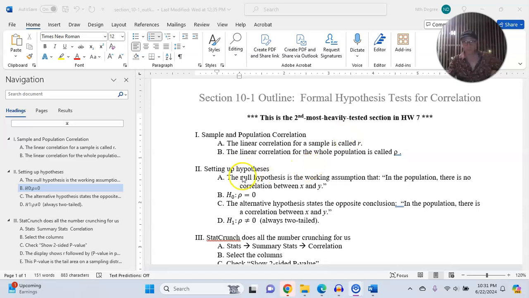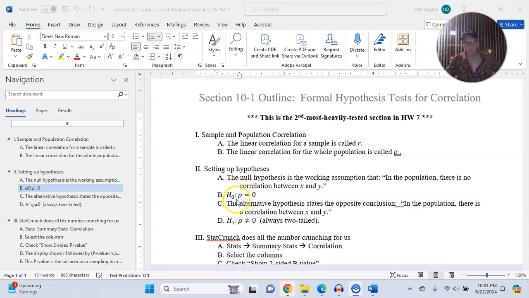So the hypotheses. The null hypothesis is the working assumption that in the population there is no correlation between X and Y. And this is consistent with everything we've done with null hypotheses. The null hypothesis always has some kind of a no or none or nothing in it. For example, no difference, or in this case, no correlation.